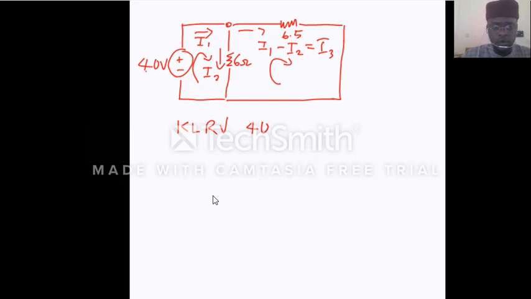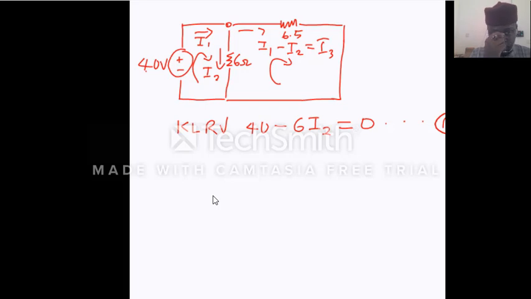Loop I1 has no resistor in it, so we don't have potential difference in that position. We skip to I2. In I2 we have 6 ohm, and the current is going in the same direction as the loop, so we take minus 6 I2. We don't have any other potential difference or electromotive force, so we equate it to 0, and that would be our equation 1.